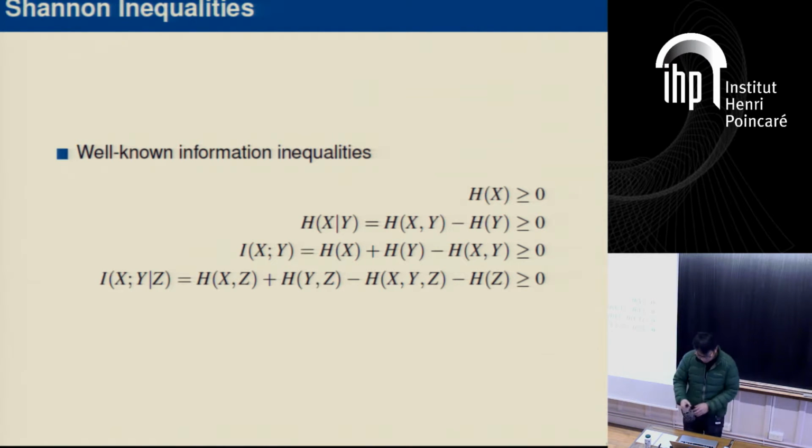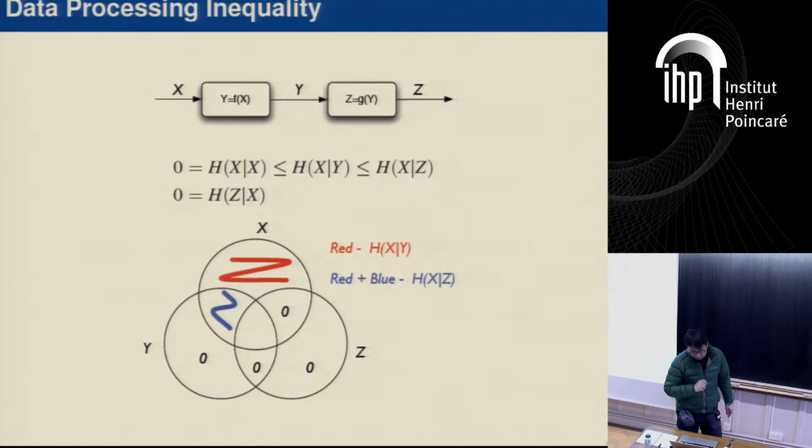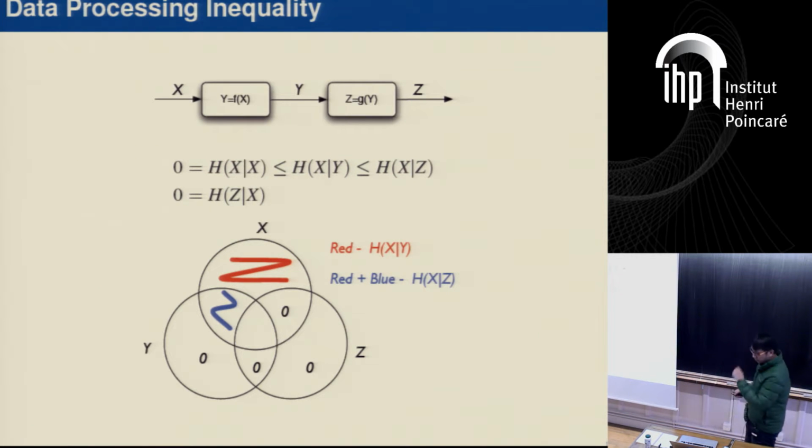In the following, we're going to look at some examples of how to use them. I have a few more inequalities to talk about first. This one is the data processing inequality.